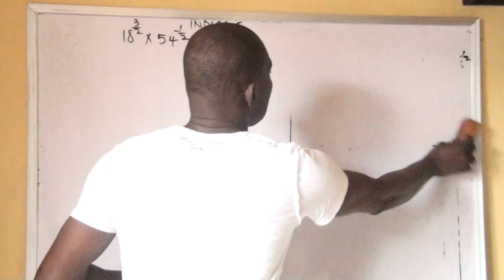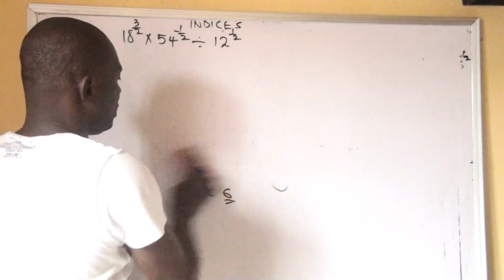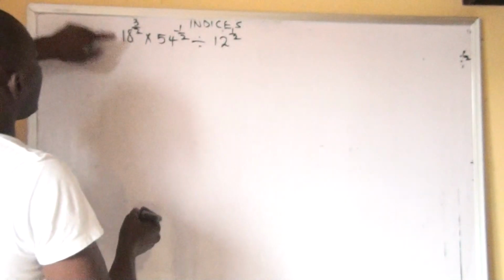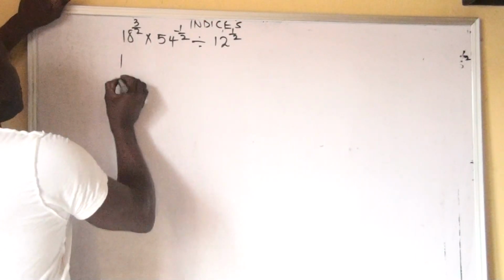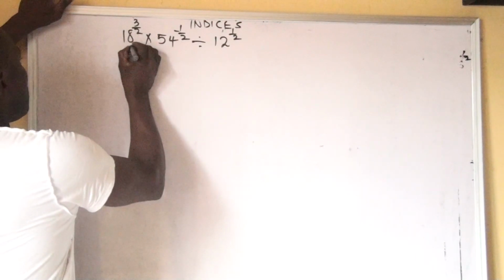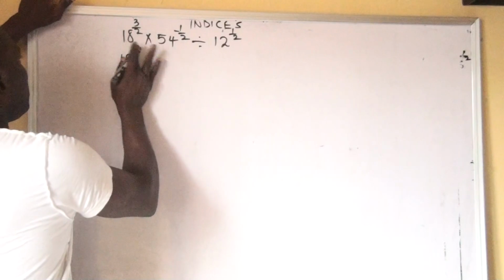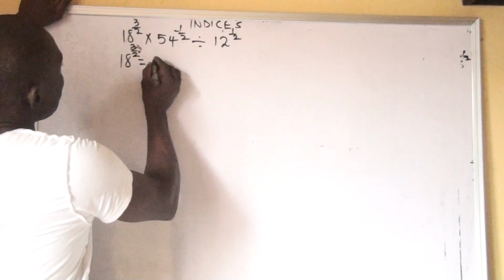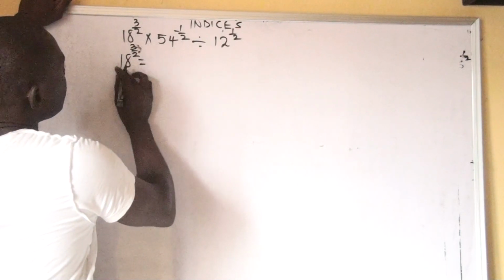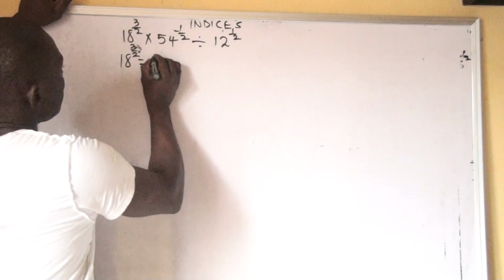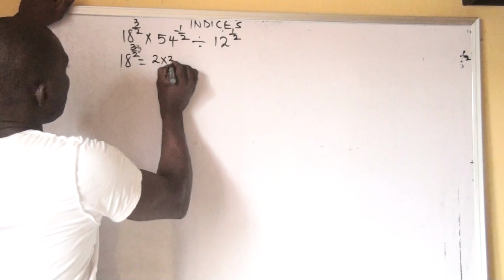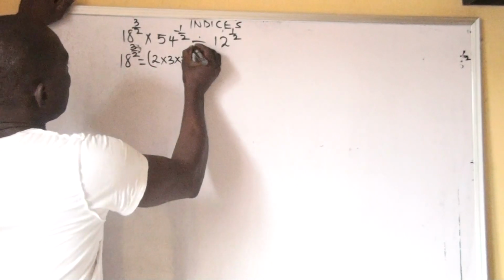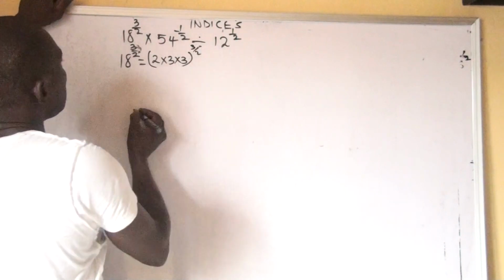Okay, now let's look at that. Like in our 18 here, raised to the power 3 over 2. 18 simply means 2 times 9, and 9 is 3 times 3. That means it's going to be 2 times 3 times 3. Okay, this is 3 over 2.